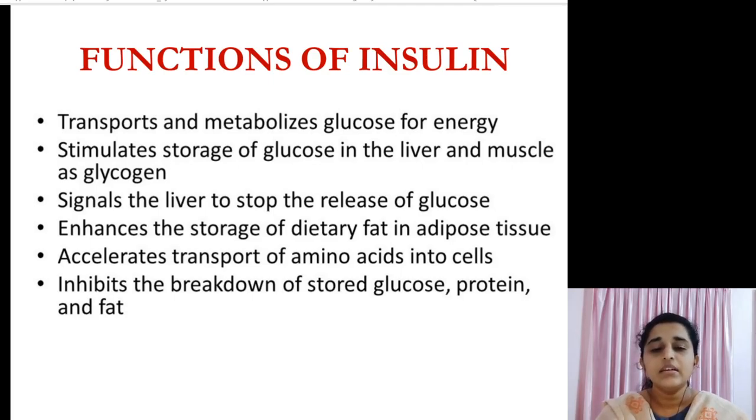And insulin inhibits the breakdown of stored glucose, protein, and fat. So if insulin is absent or deficient, then what happens? There is an increased breakdown of stored glucose, protein, and fat.